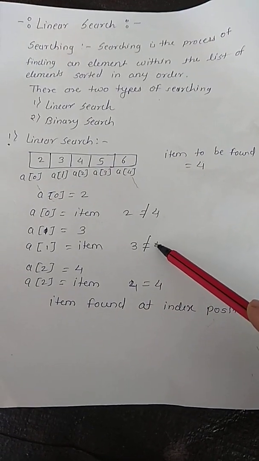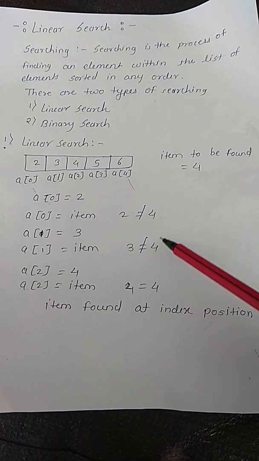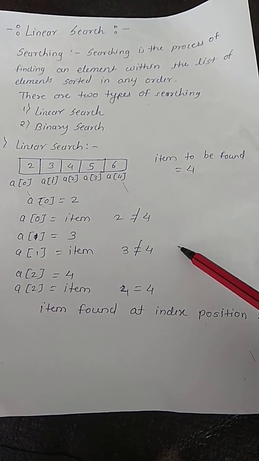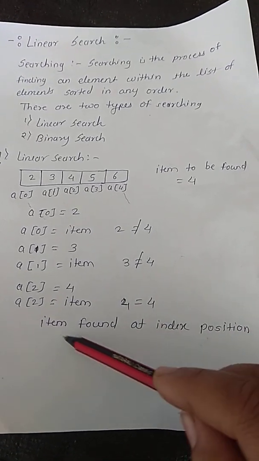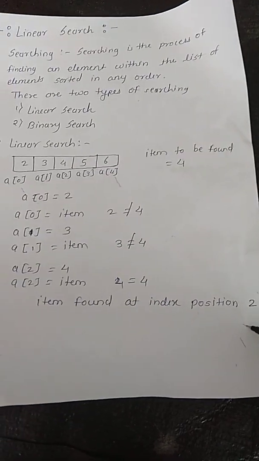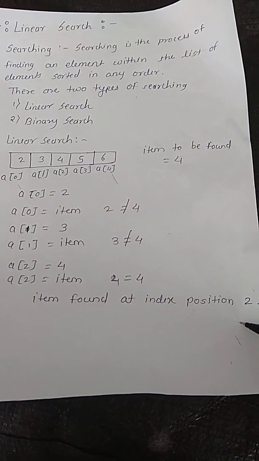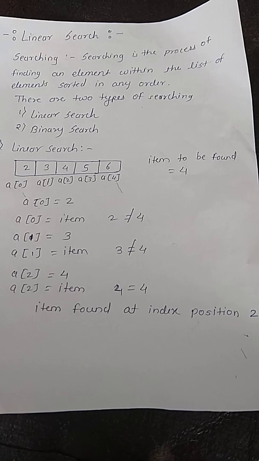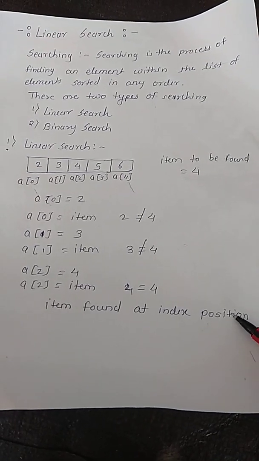This is the simplest method and the simplest algorithm of linear search. In this way, we can find the index position of the given element, and the linear search example is practically run.